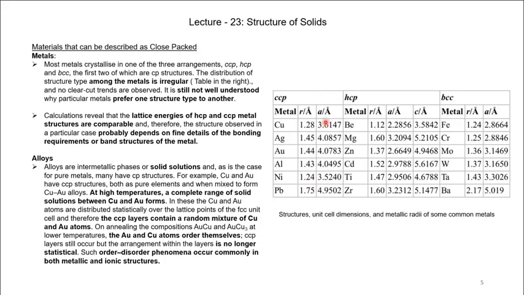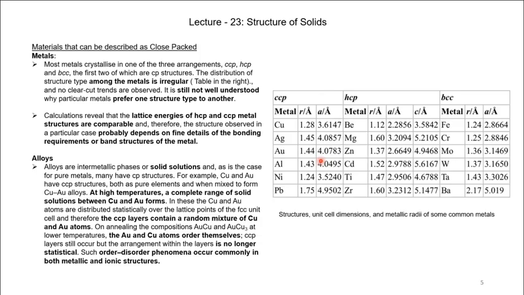So therefore, there is nothing we can say about which metal will have a hexagonal close packed structure or a cubic close packed structure. We cannot take the radius, or the cell parameter, and by this we cannot say exactly which one has a hexagonal close packed structure, why and how, and which one has cubic close packed.